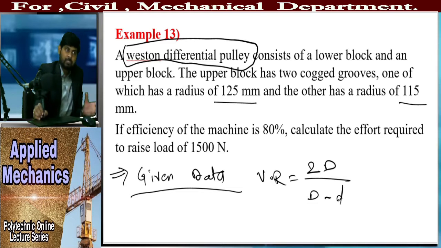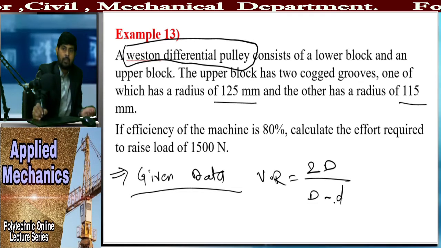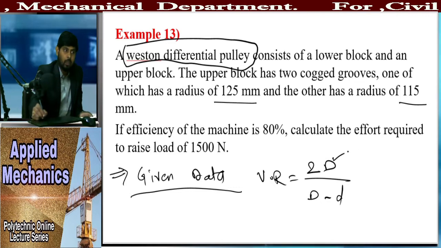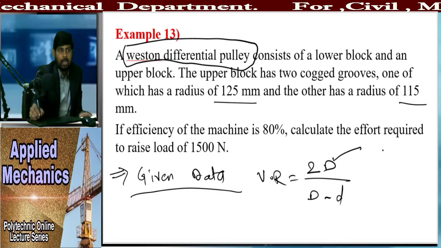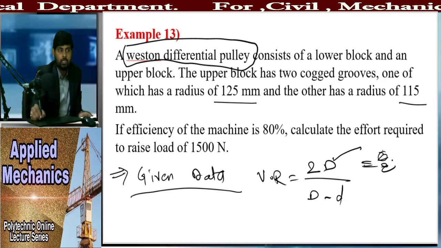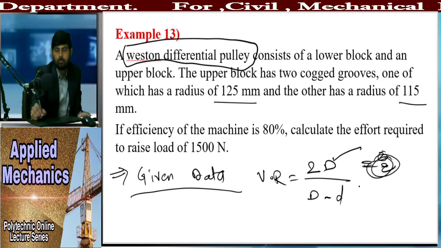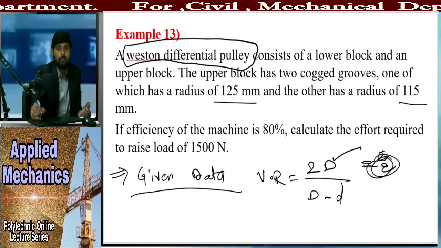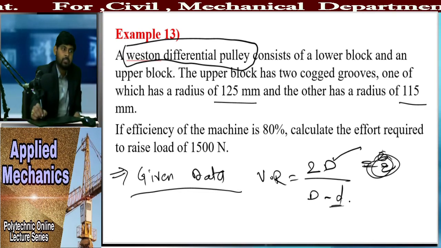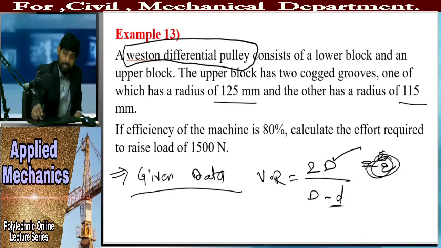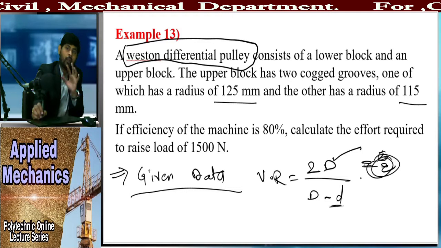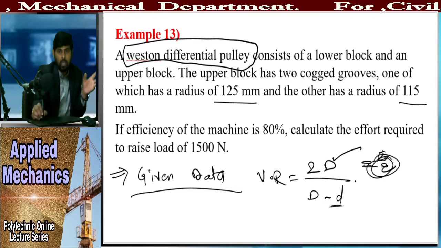In the previous machines, we took the diameter value and divided it by 2 to get the radius. बरोबर. म्हणजेच काय केली आपण, डायमीटर जी दिलं तिला डिवाइडेड बाय 2 करून रेडियस घेतली डायरेक्टली. इथे पण तसंच केलं. But in Weston's differential pulley we cannot take it like that.